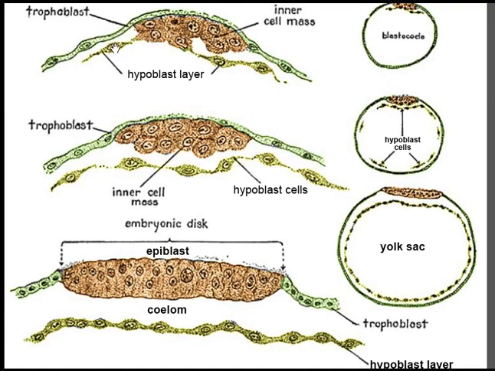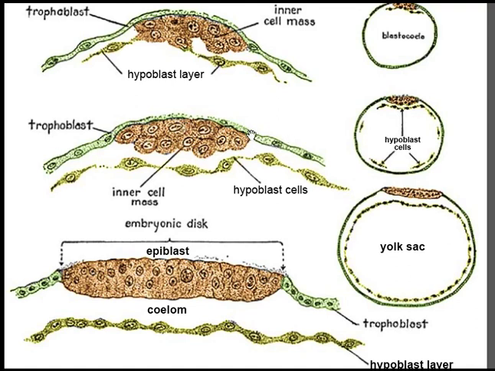That is, it's giving off a cellular lamina called the hypoblast layer. That eventually forms a complete yolk sac, and it creates a space, a coelom. Looking here then, here we see the hypoblast layer, the yolk sac, and here's the coelom. And here we see the inner cell mass and then the trophoblast layer.